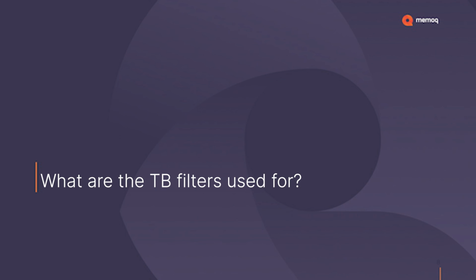Certain entries are only relevant to a specific version of a software. Some others are relevant for a new version, and obviously you don't want to mix those up. So this is just to keep terms in silos and use terms properly in the specific term base in the specific project where they are intended. So this is basically what TB filters are used for.